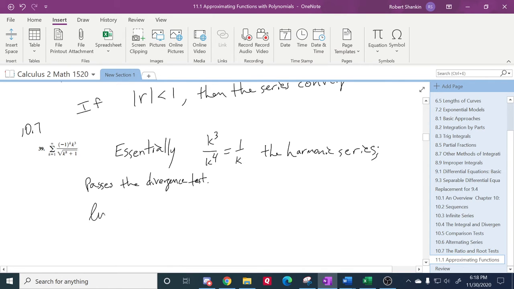The limit of this is equal to 0, because the denominator has higher degree than the numerator in its essence. And it alternates, so by the alternating series test.